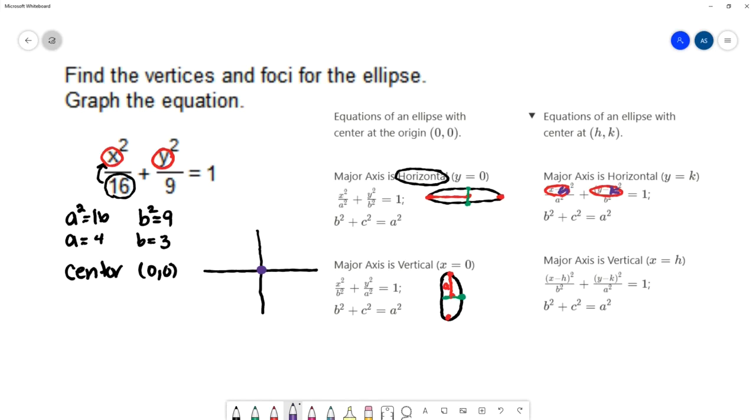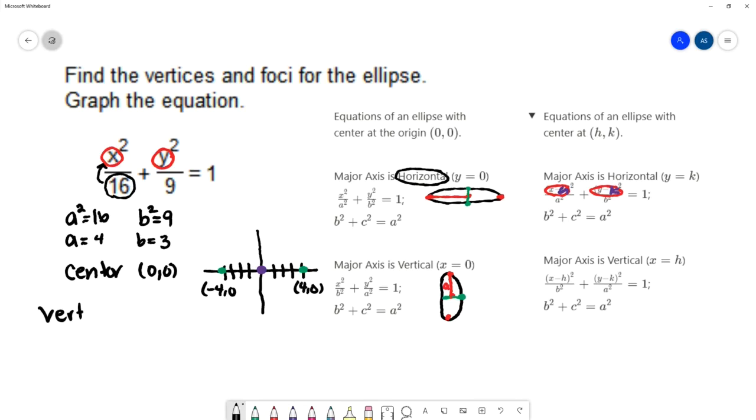We are oriented horizontally, so I know the vertices are going to be horizontal from the center. I'm going to go 4 to the right and 4 to the left, and that's going to get me to the vertices of this ellipse. That's at the ordered pair 4, 0 and negative 4, 0.